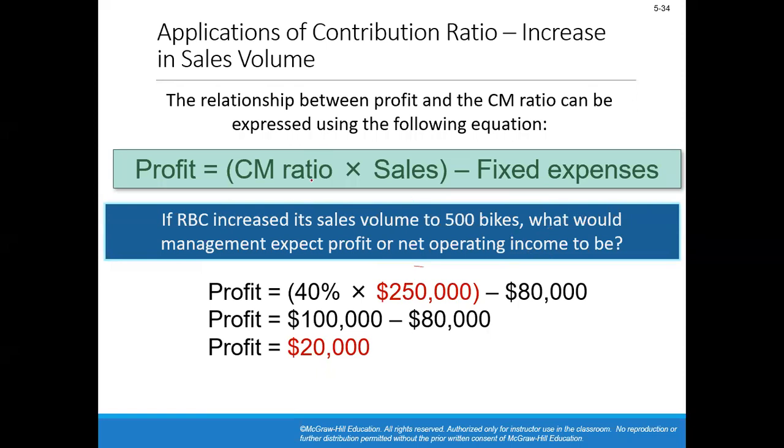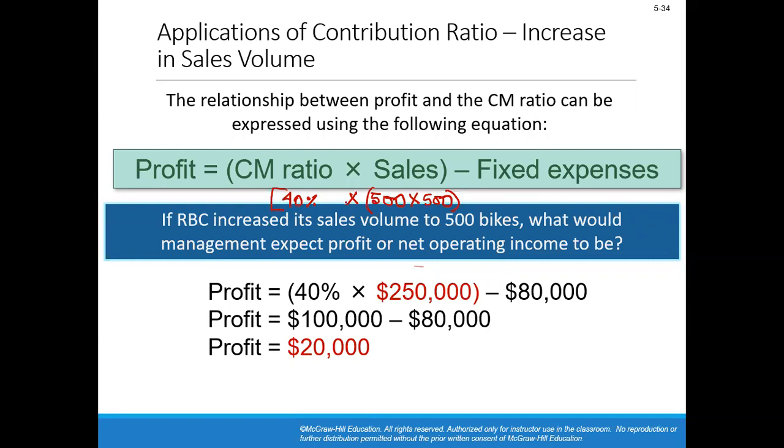So you see that for increasing sales volume from 400 to 500 bikes, our sales will be equal to 500 units multiplied by $500 per unit. So this should be our sales volume. And we know that our contribution margin ratio is 40%.